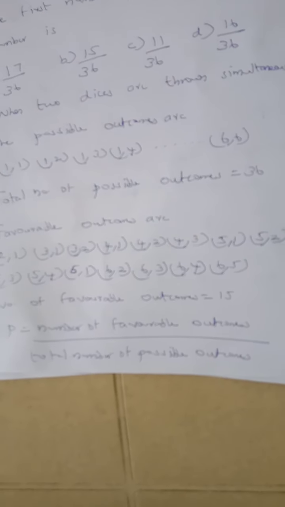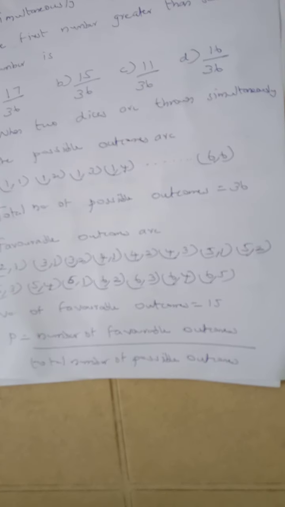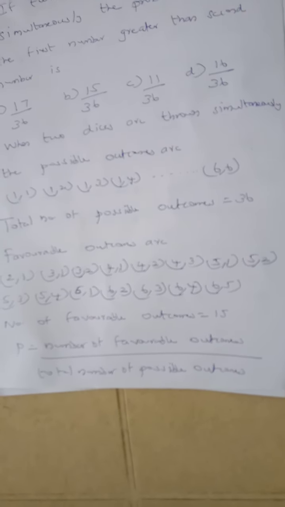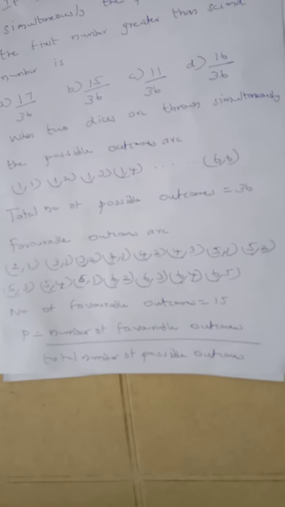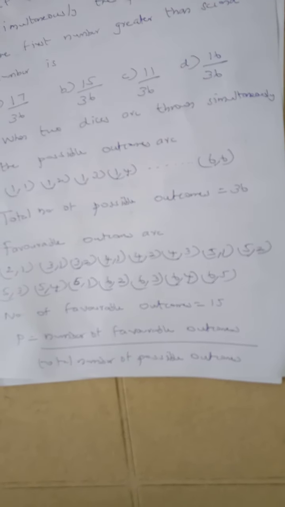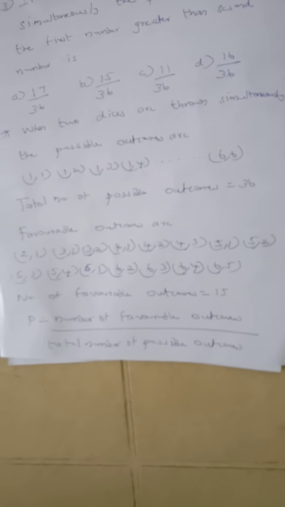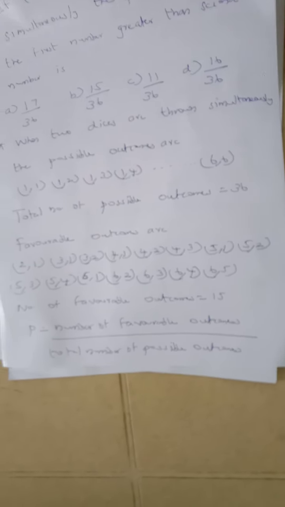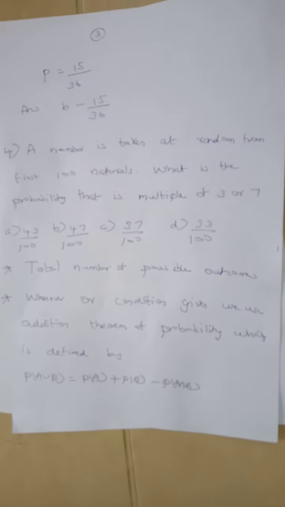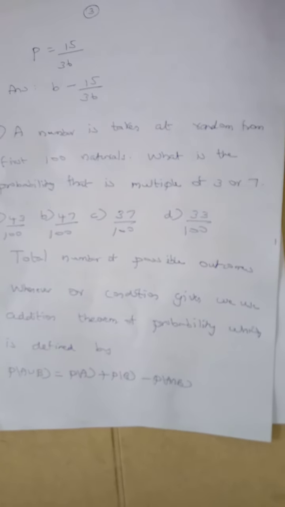Total number of favorable outcomes is equal to 15. So we know the basic definition of probability: number of favorable outcomes by total number of possible outcomes. So probability is equal to 15 by 36. The correct answer is option B, 15 by 36. Let us move to the next question.